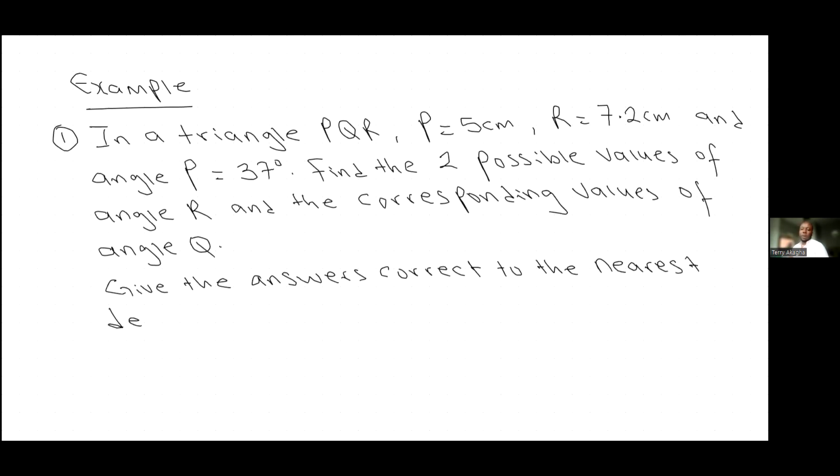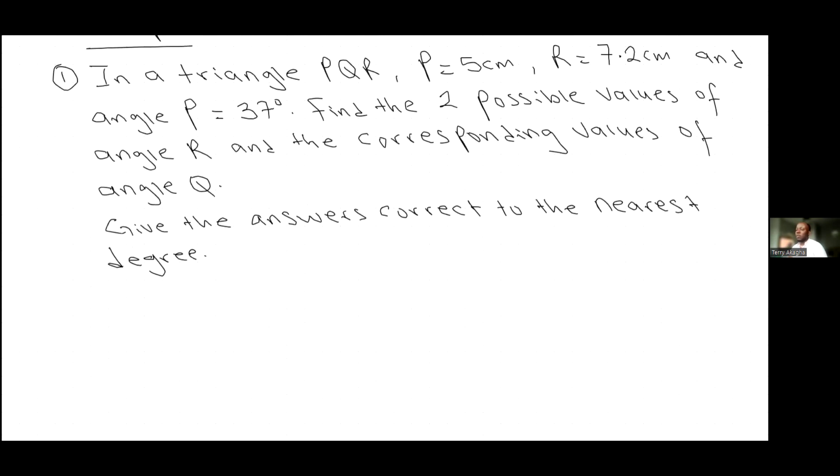Okay, let's try this. We have a triangle PQR. We're told P was 5 centimeters, R was 7.2, and angle P was 37. So let's draw this now.